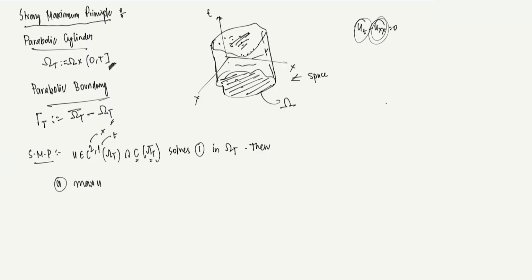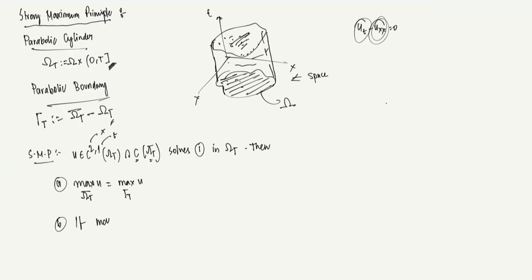I just showed you in one dimension. It will always be attained on the boundary unless it is constant. So the maximum of u over omega t bar is nothing but the maximum of u over gamma t. And the second part, as I told you, is that if the maximum is attained in the interior, then it has to be constant.